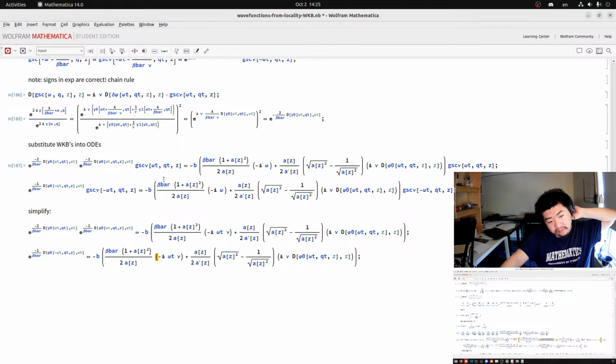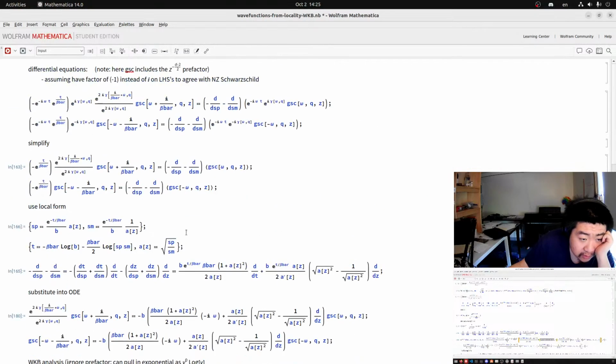Taking a z derivative knocks down a nu, and there's also a nu here. So if we're to just look at this equation, there'll be a nu here, but there won't be over here.